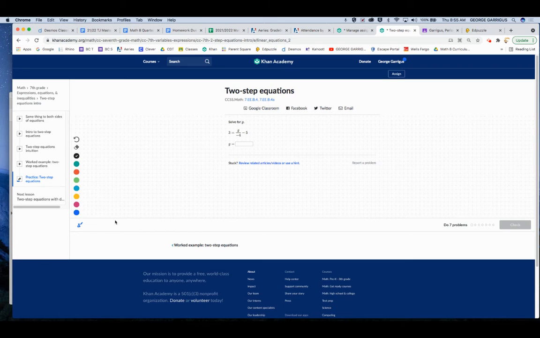So I might try to solve it here on this equation. I can use the tool: 3 equals g over -4 minus 5.